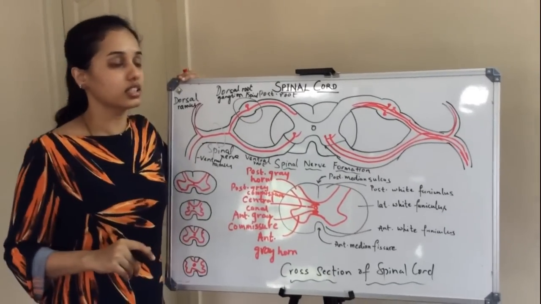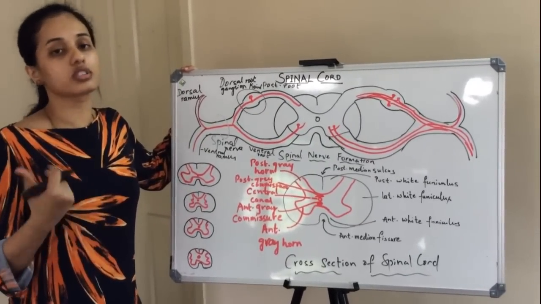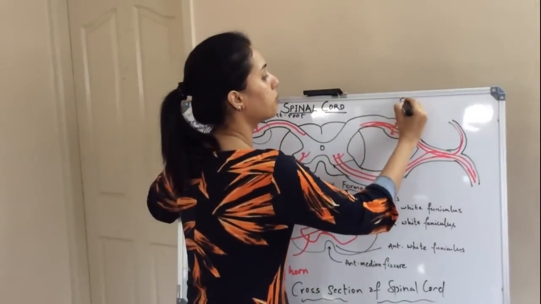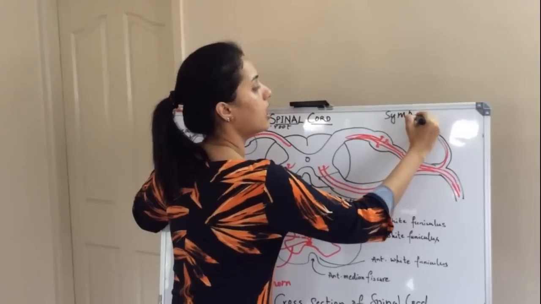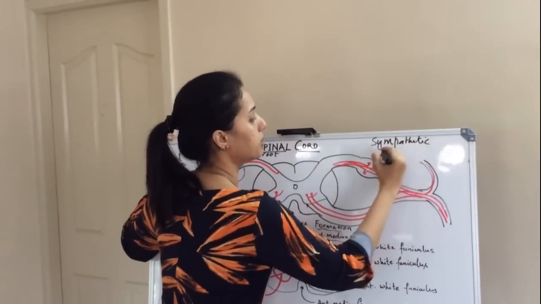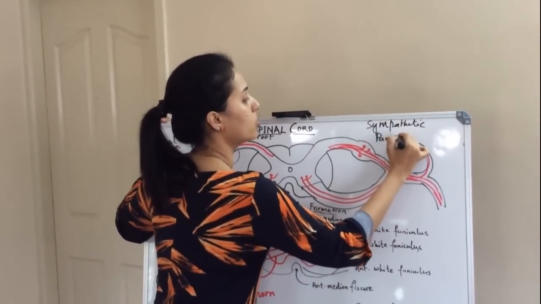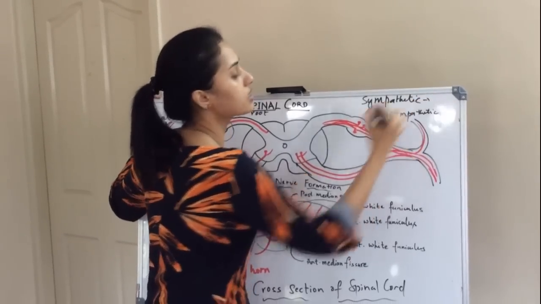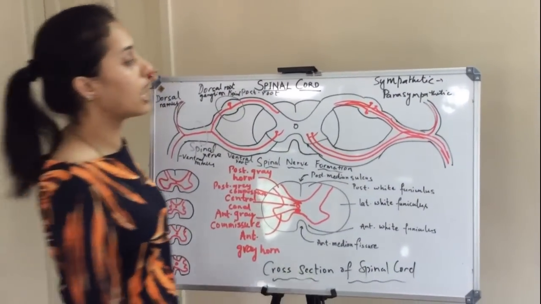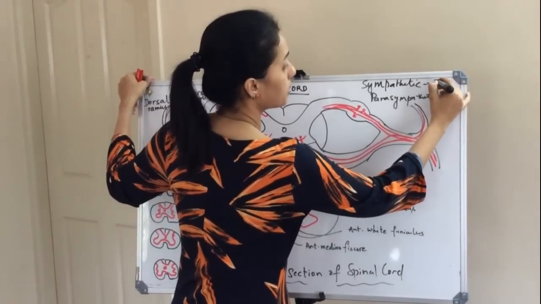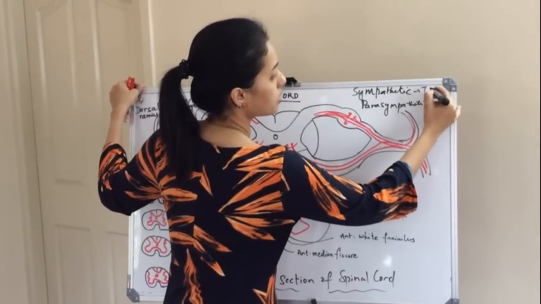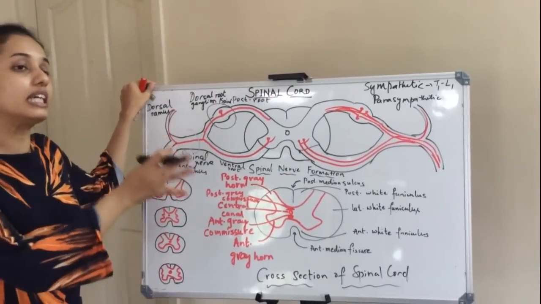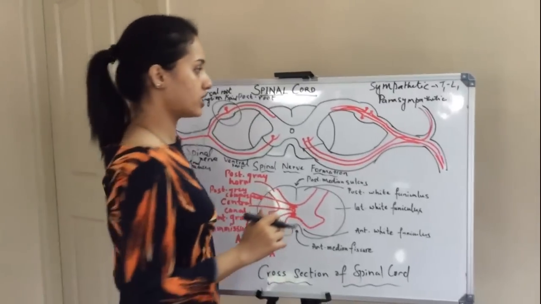You know that our body is also supplied by the autonomic nervous system, which includes sympathetic and parasympathetic. Sympathetic arises from the thoracolumbar region, which extends from T1 to L1 spinal cord segment.